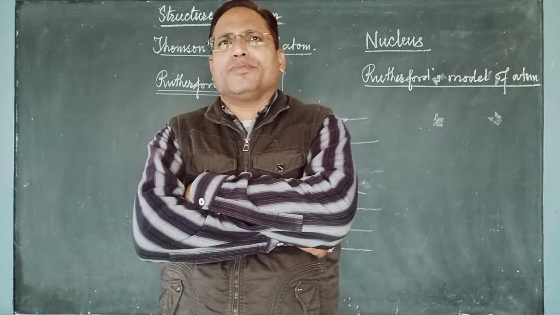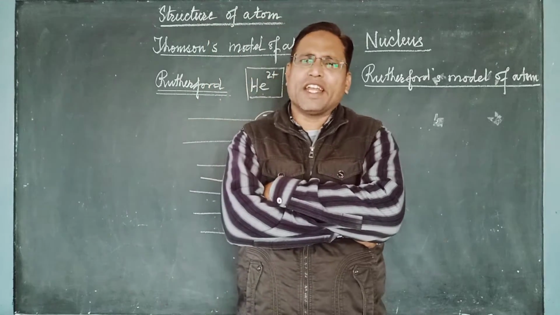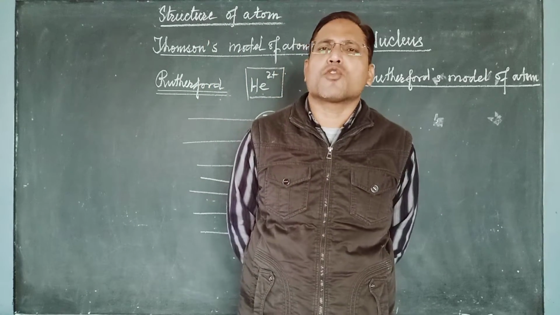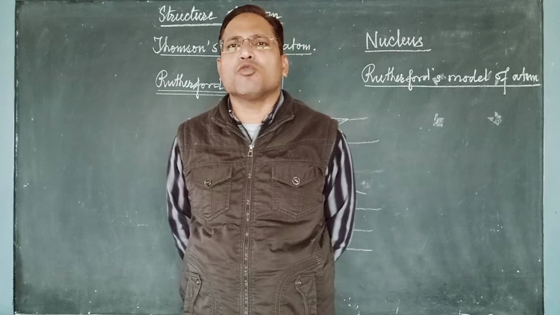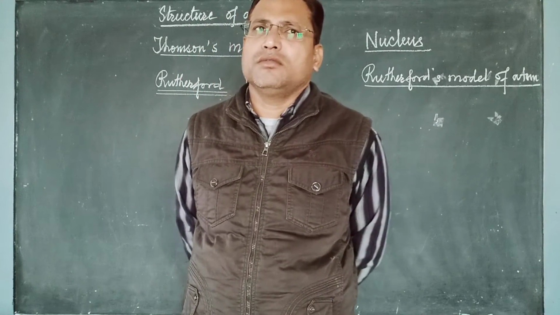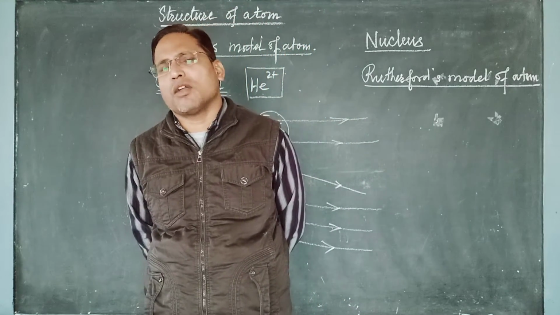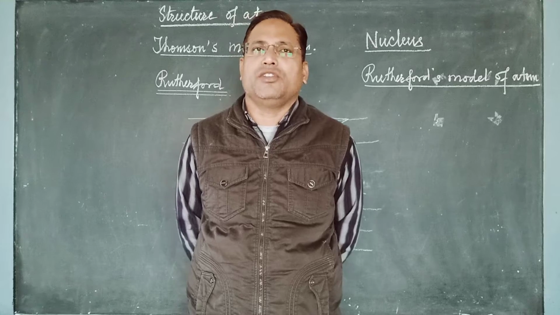Then according to the electromagnetic theory of physics, if a particle keeps on moving in a circular path, after some time what happens? Its energy must decrease, because when it is rotating in a circular path, it will radiate out some energy.